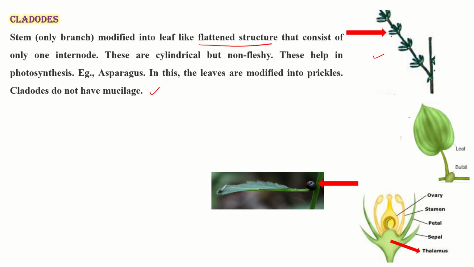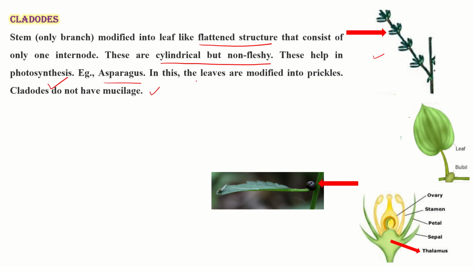See, these are flattened structure that consists of only one internode. These are cylindrical but non-fleshy. Okay, these are cylindrical but they are not fleshy in nature. These help in photosynthesis. Obviously, they are green in color, so they'll help in photosynthesis.